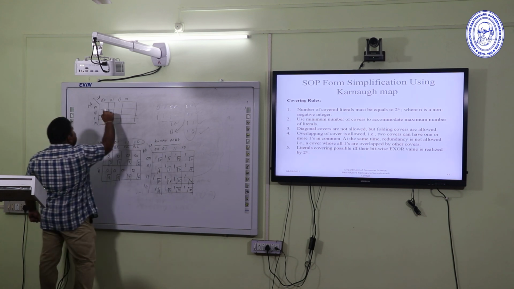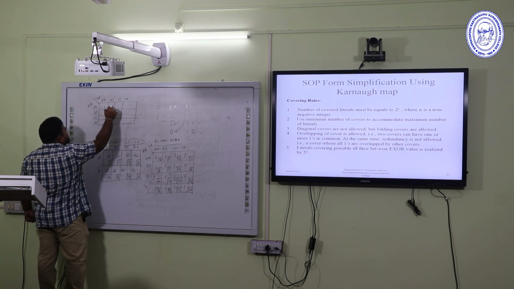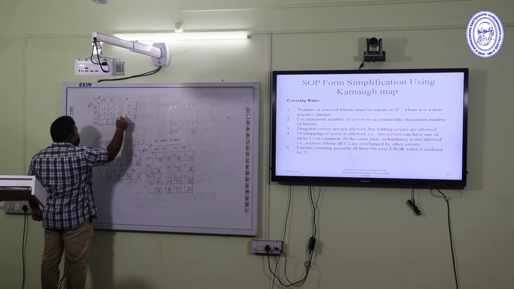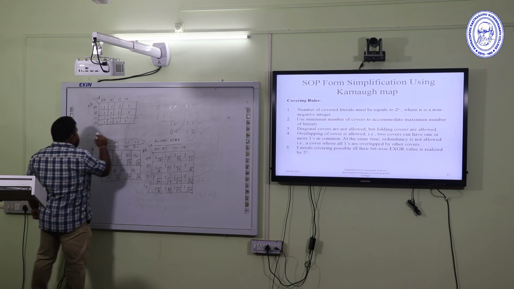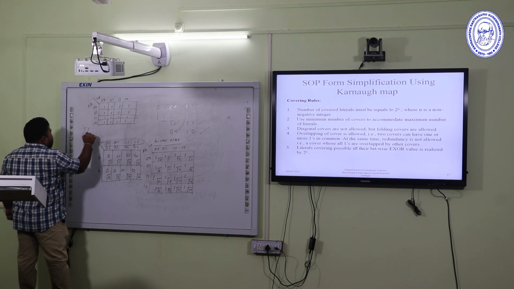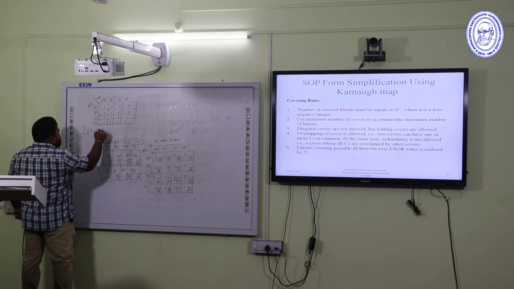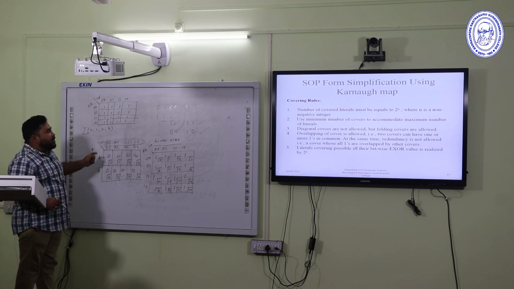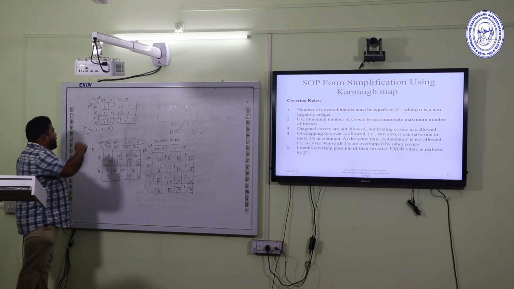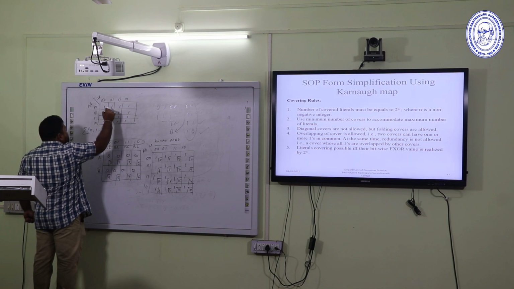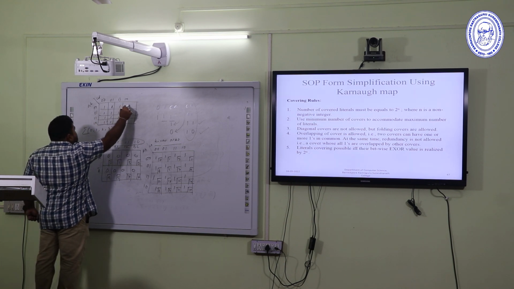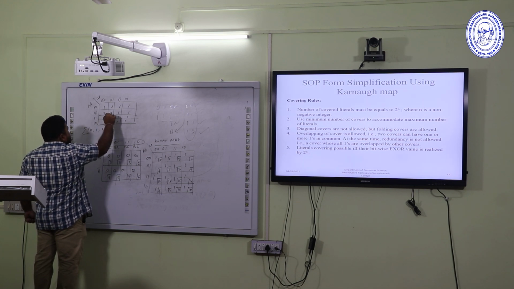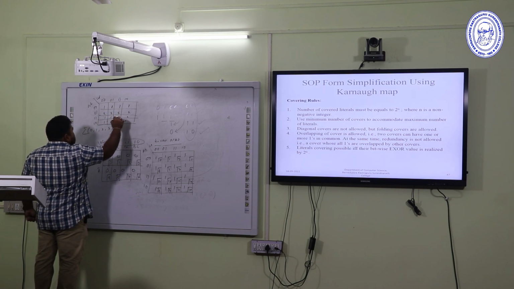So here are the literals in SOP expression. Suppose we are taking some functions, that is 0, 1, 2, 3. So here 0, 1, 2, 3 are the literals, and the rest of the cells will be treated as don't cares. They are not there.